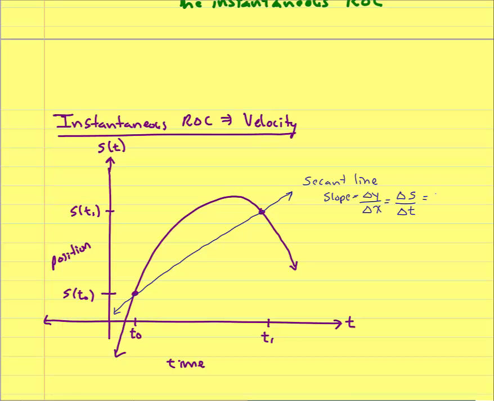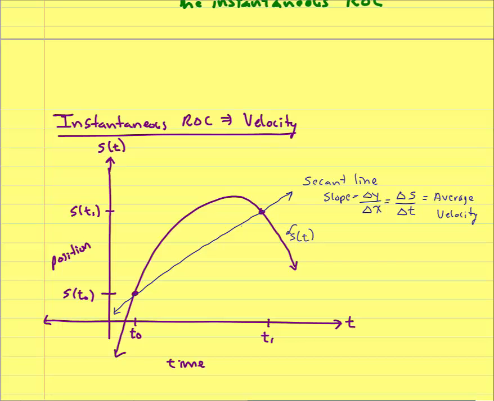So this formula we know from up above is average velocity. So this is just a quick show of what's happening here. Now this particular curve that we're graphing is the curve s of t. And so this is the secant line to s of t.